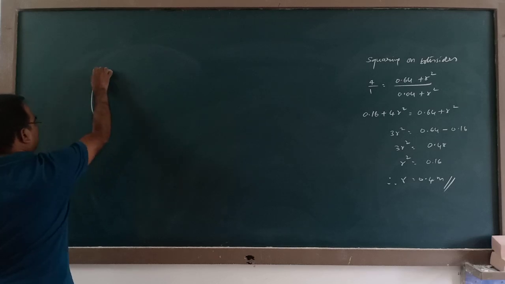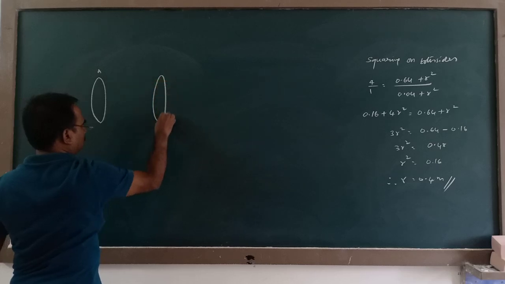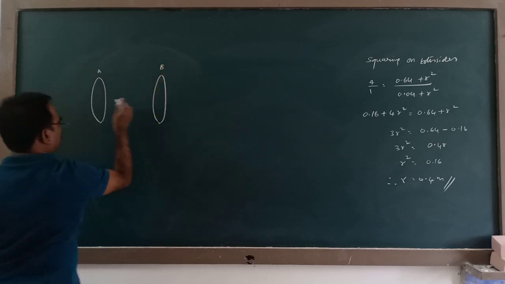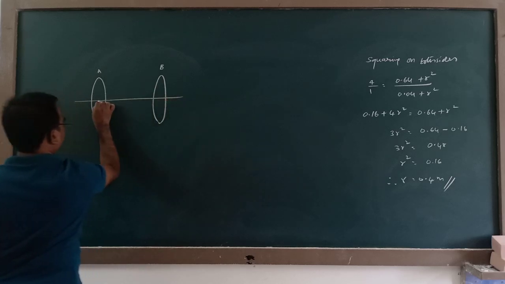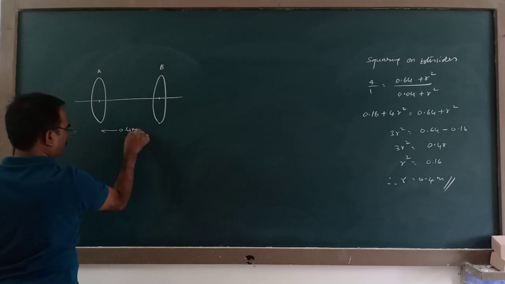So this is one coil A, this is another coil B, their centers 0.4 meter apart.